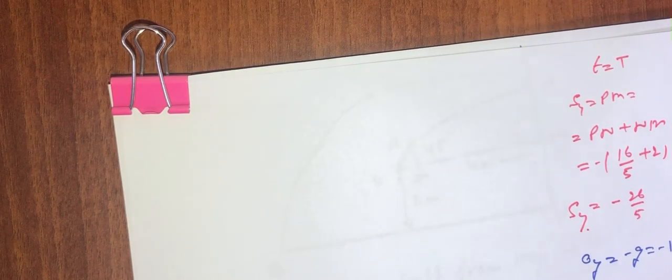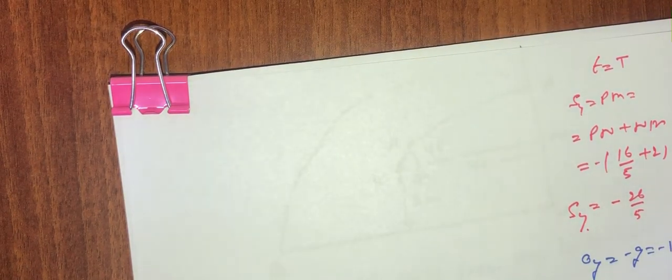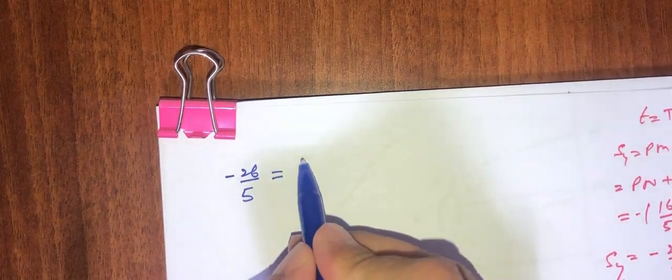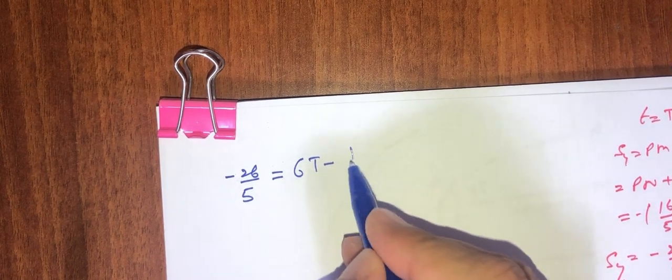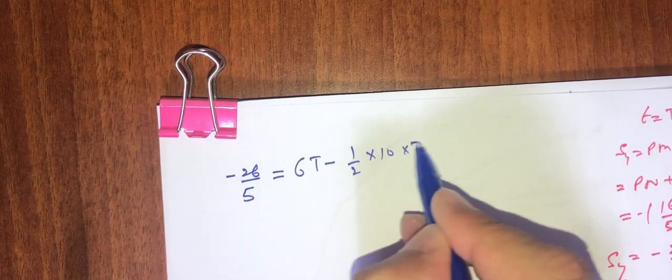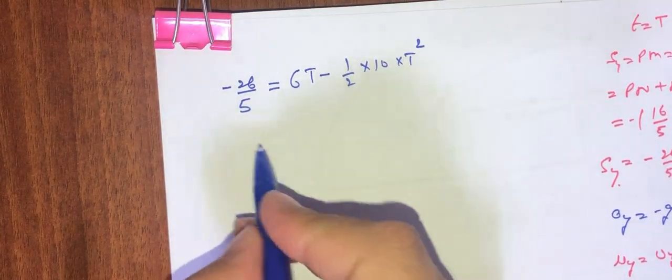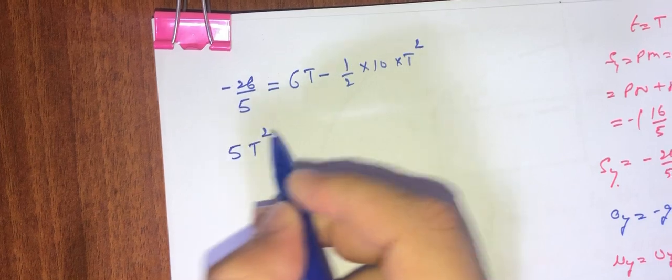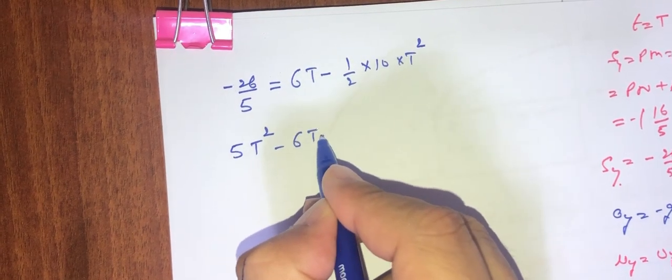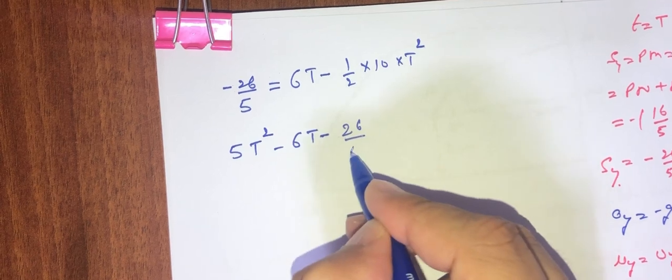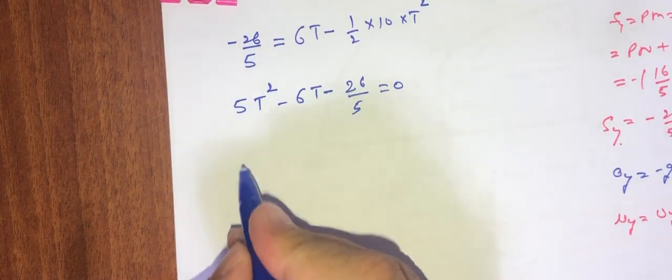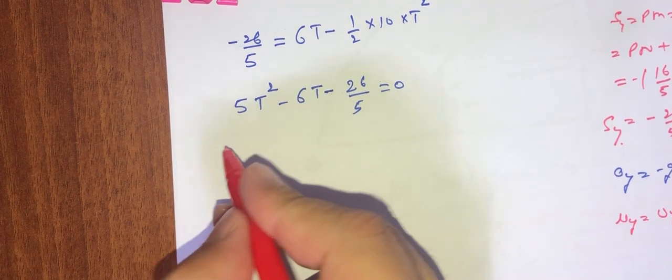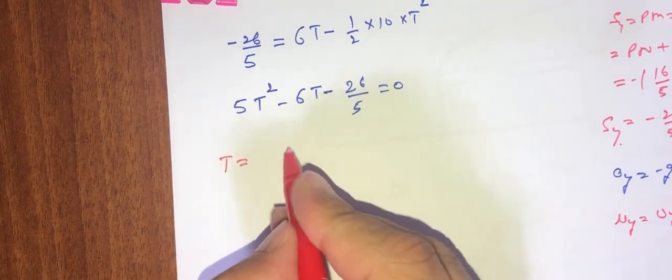It is stated that there is no change in the velocity in the vertical direction. So we put the values, and we get minus 26 upon 5 is equal to 6t minus half into 10 into t square. So you will get this quadratic in t: 5t square minus 6t minus 26 upon 5 is equal to 0. So using the basic formula, we can find out the value of t.